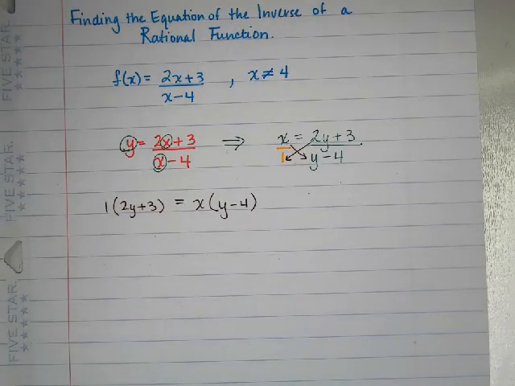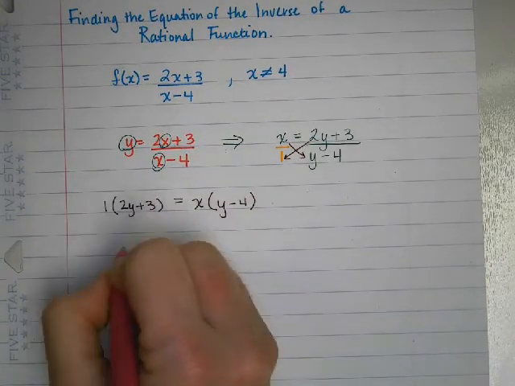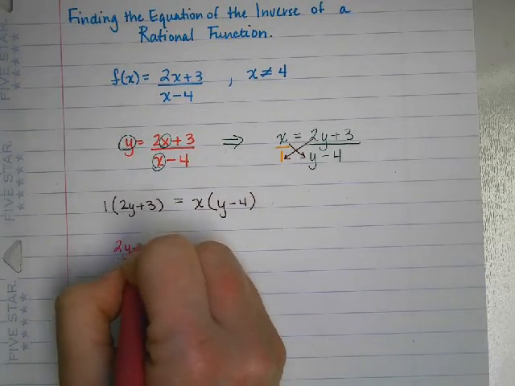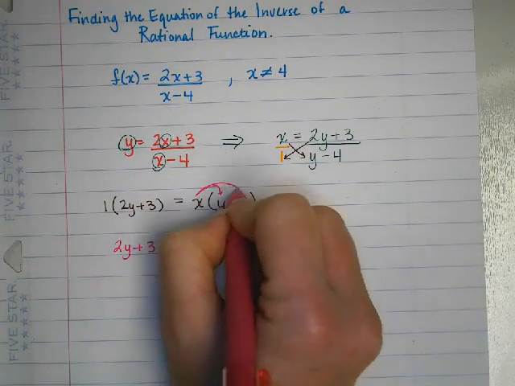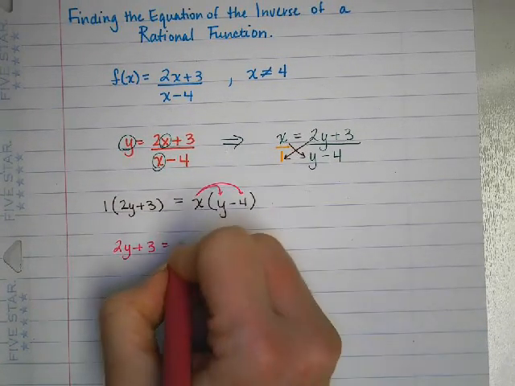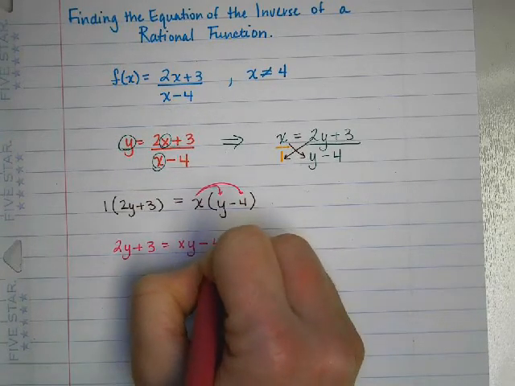Now let's just go ahead and simplify this stuff out. 1 times anything is itself. So over here I just have 2y plus 3. Over here I'm going to distribute x. So I have xy minus 4x.